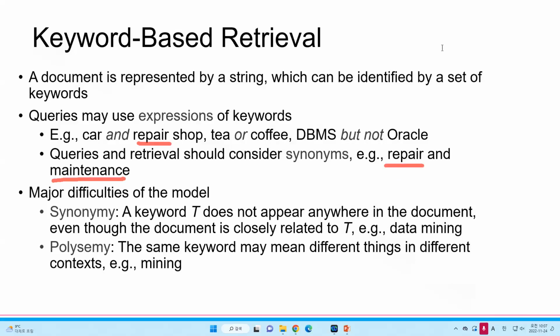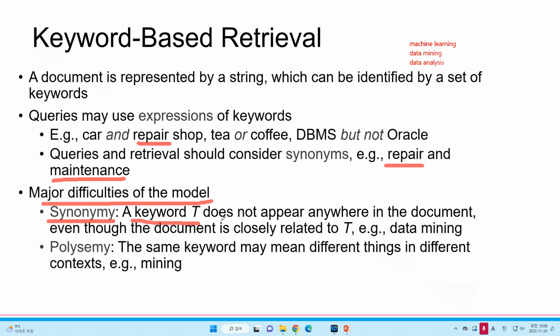In our case, machine learning is a keyword, but sometimes in a paper they use data mining, or sometimes they refer to data analysis. So there are similar keywords, which we call synonyms. This is the major difficulty of the model: the synonymy.